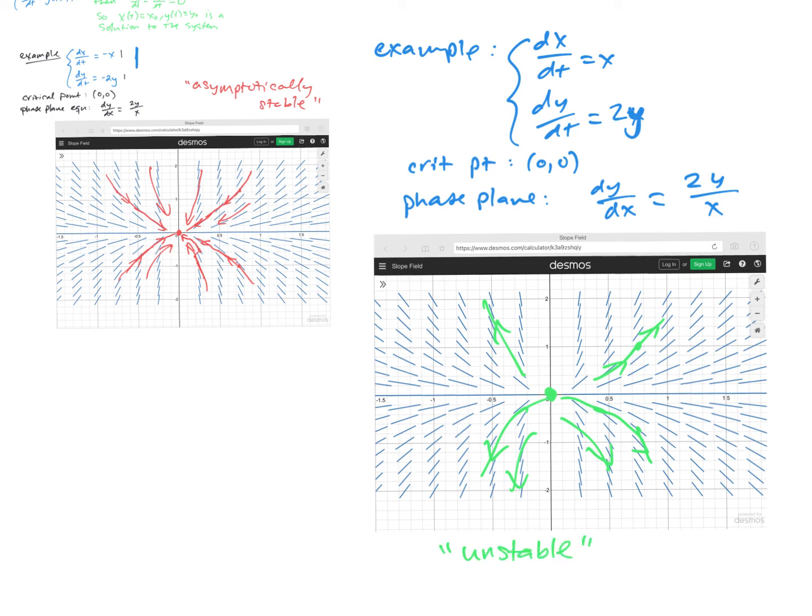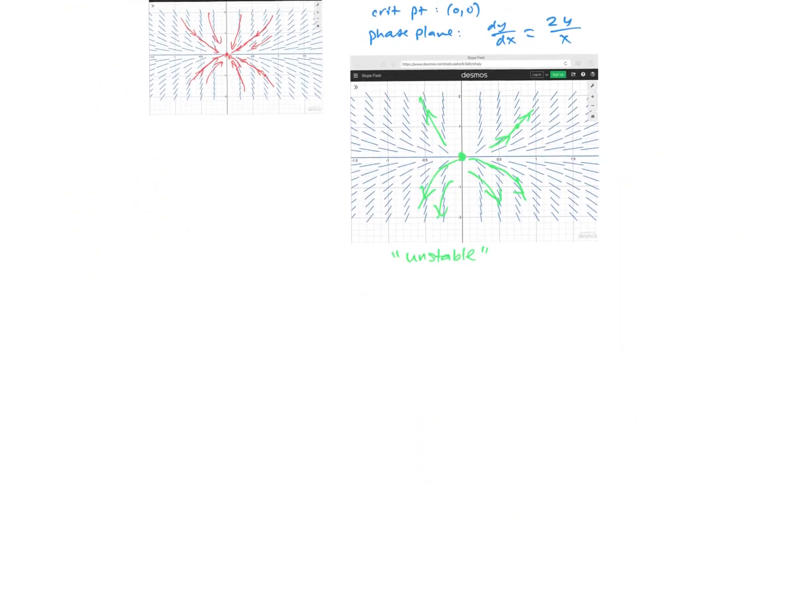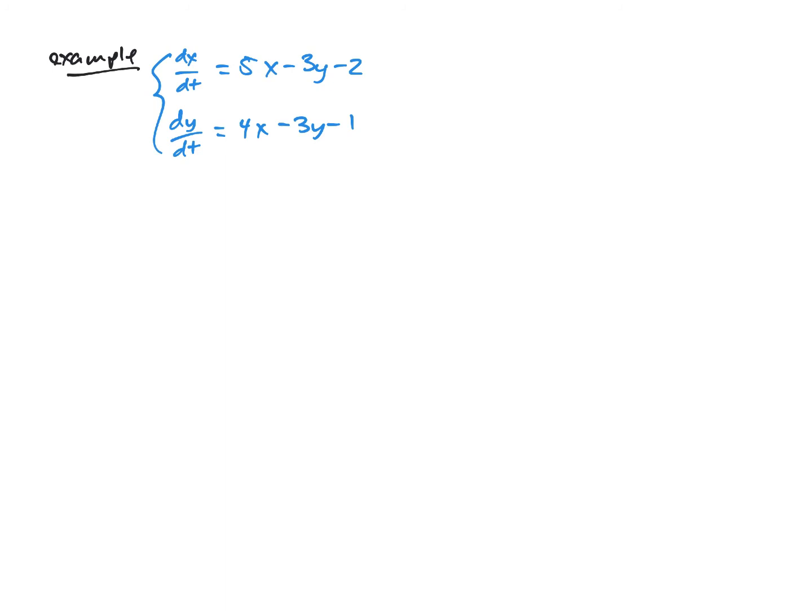So these are two types of behavior that you can see near critical points. Okay, let's see another example that's a little bit more complicated. All right, here's our system. And if you set dx/dt and dy/dt equal to 0, which I'll let you do on your own, we get the critical point 1, 1.